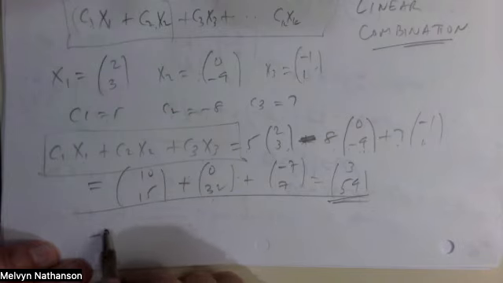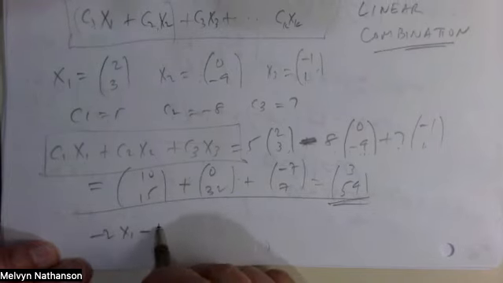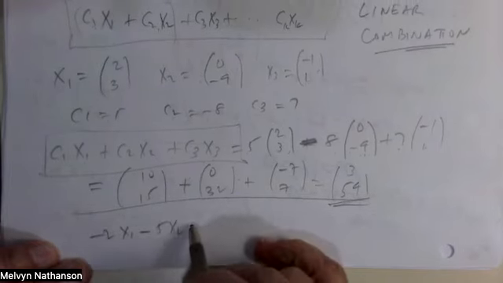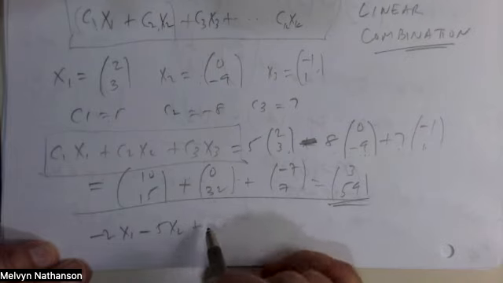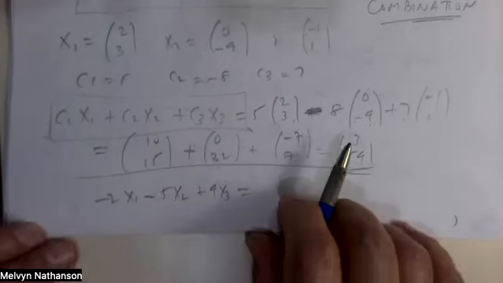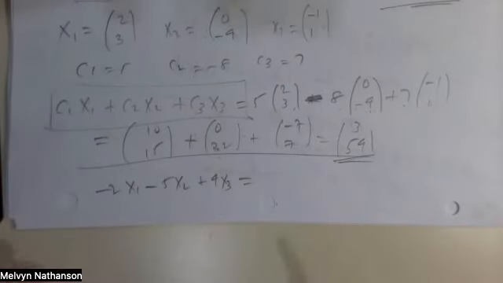Suppose I take -2x1 - 5x2 + 4x3, calculate that, and tell me what you get. Let's see. A couple people got (-8, 18).